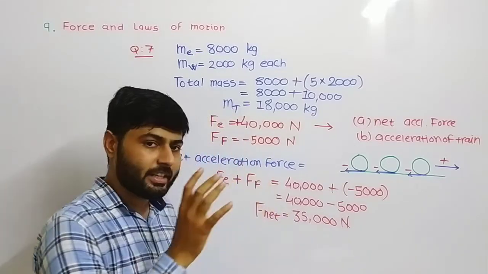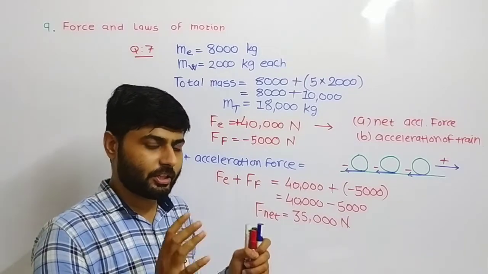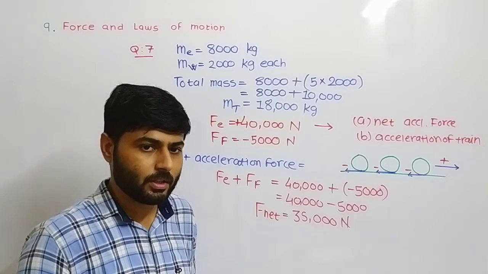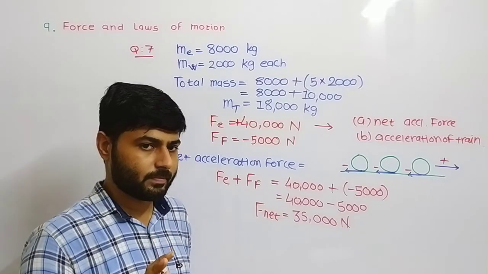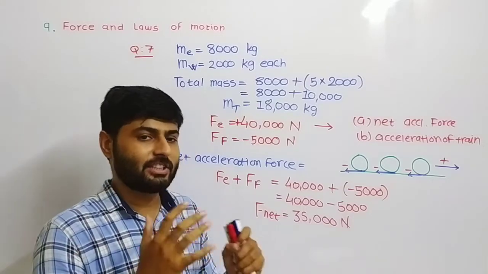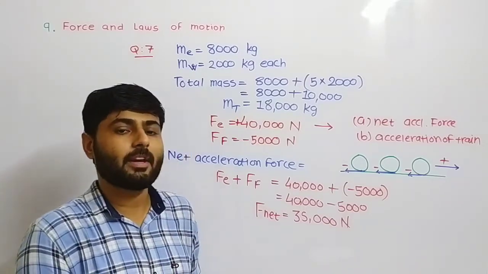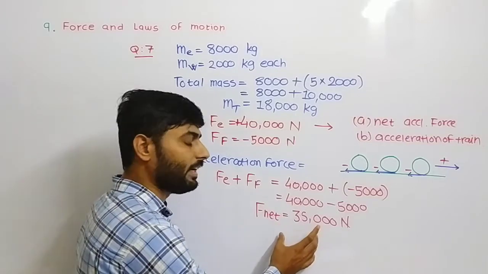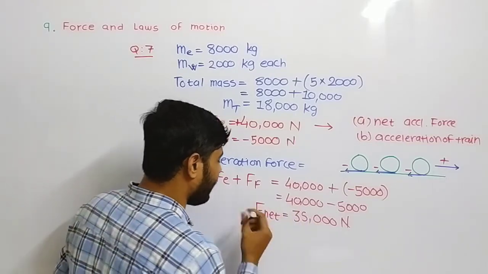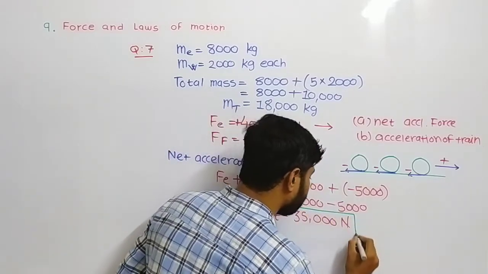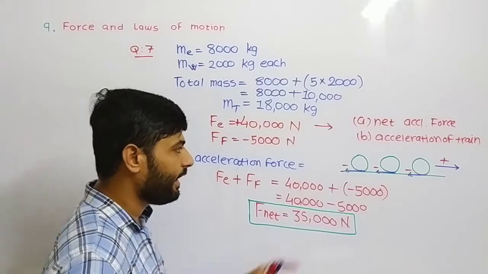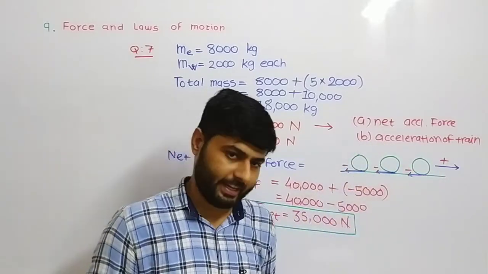Though the engine produces 40,000 Newton force, the useful force applied on wagons and engine itself after overcoming friction force is only 35,000 Newton. So F net is 35,000 Newton.